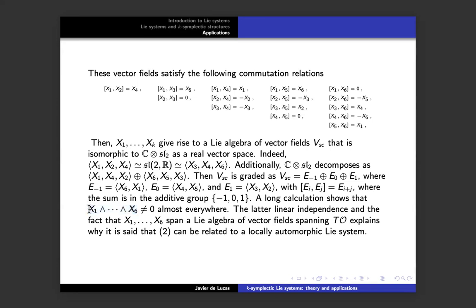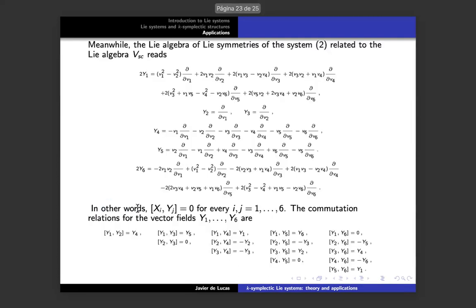If you pick the value of the vector fields at a point, they span the total tangent space to the manifold where it's defined. The manifold is 6-dimensional, and they span the tangent space at every point. Systems of this type are called locally automorphic Lie systems. I will not explain why it's related to Lie groups. So what's the fun thing? The fun thing is that there is a miracle.